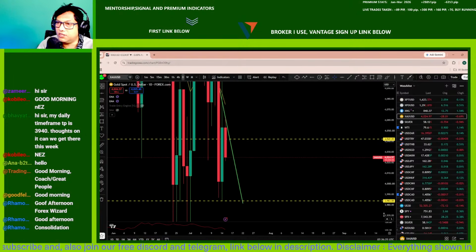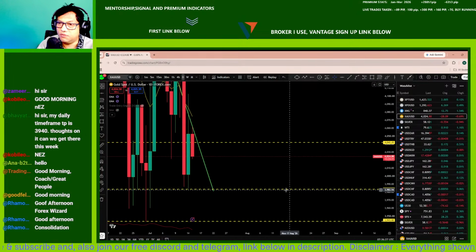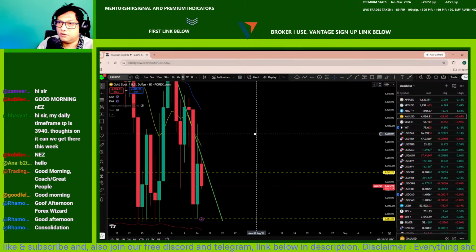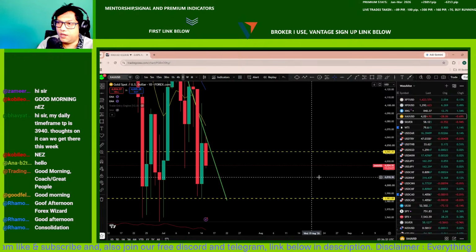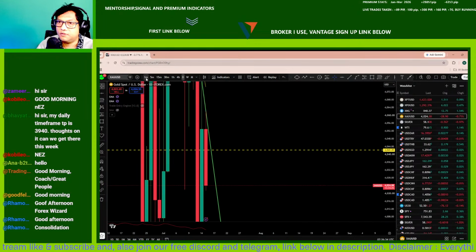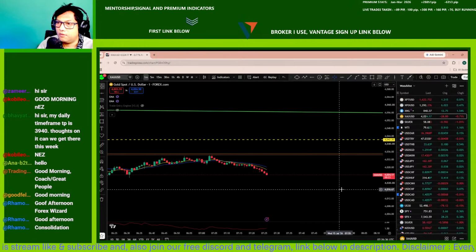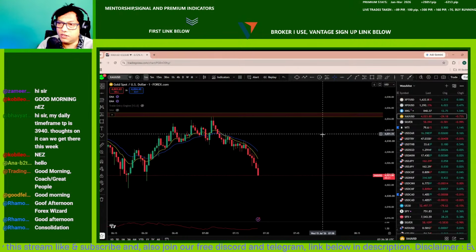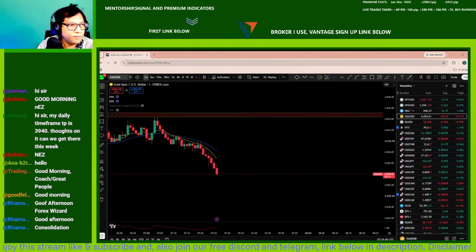Now again, looking at the daily, we can see the market shows it's currently in a falling market. On the lower time frame, quite a few candlestick patterns have formed along this way.